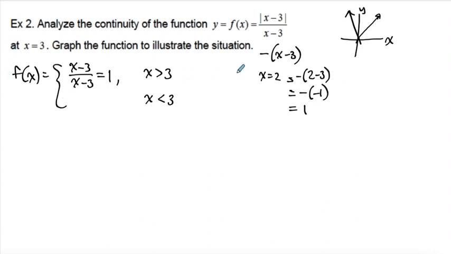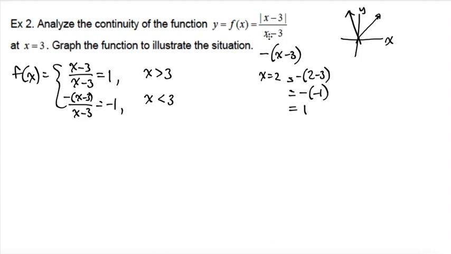So it'd be negative of x minus 3 over x minus 3. But that would be negative 1 if I were to simplify that. And we know that our x couldn't be 3 for this situation because then the denominator would be 0.